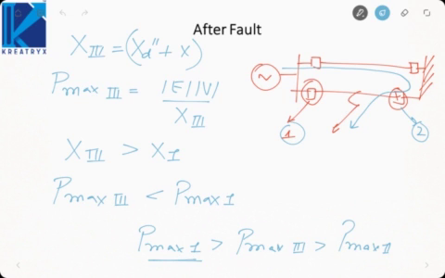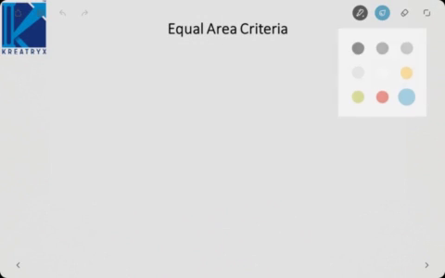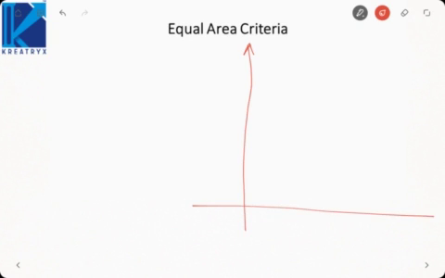Now let us apply the equal area criterion to our case to determine the critical clearing angle. So here first we will draw the highest curve, which will correspond to P max 1.